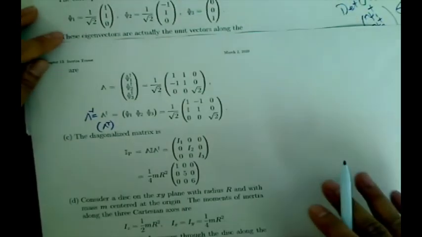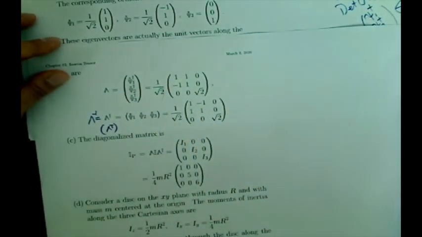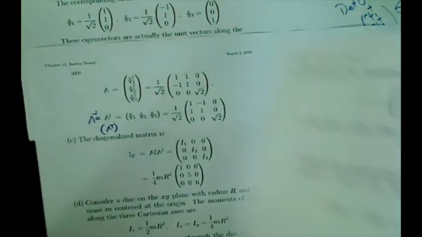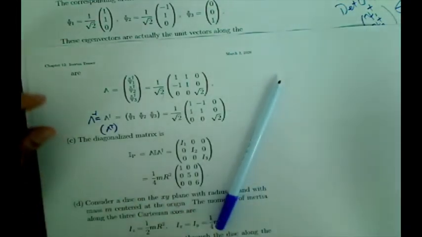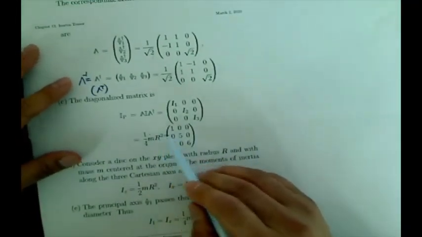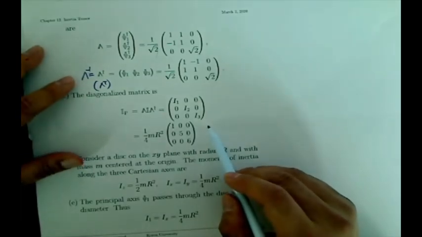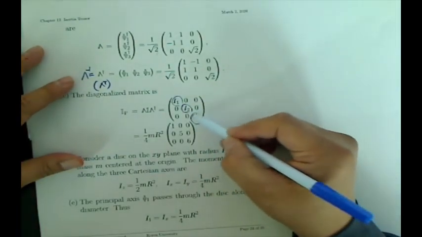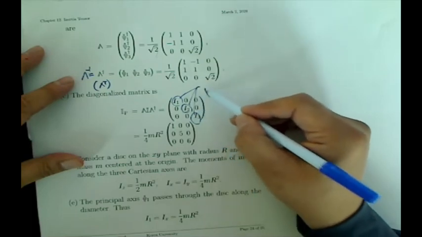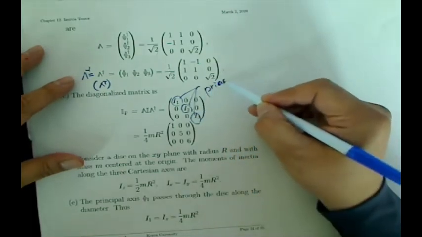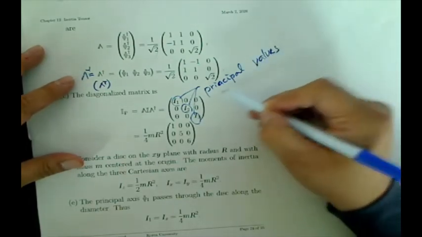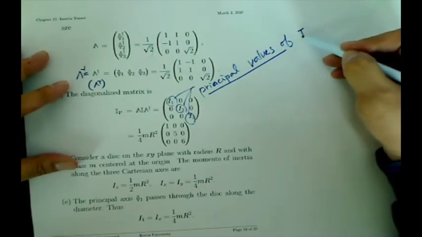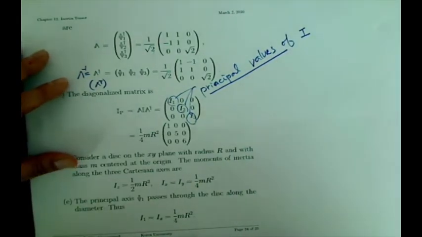If we make use of this transformation matrix and the original inertia tensor, the resultant inertia tensor after rotation will be diagonalized, and these are called the principal values of the inertia tensor I. Okay.